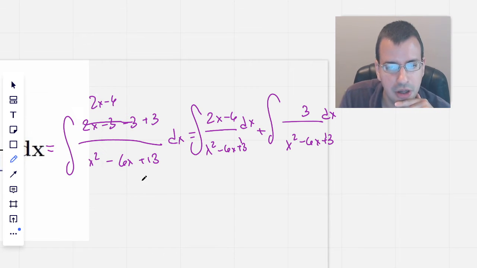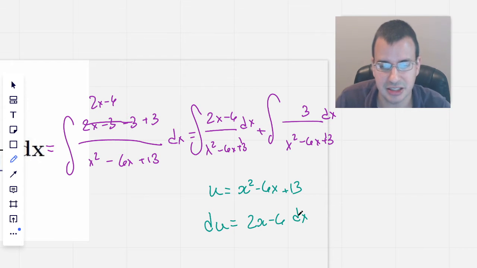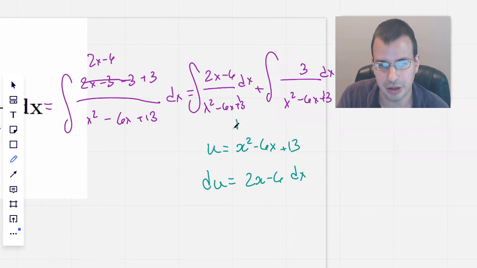And so I'm going to say u equals x squared minus 6x plus 13. Therefore, du equals 2x minus 6 dx. And I'm just looking at this portion right here.